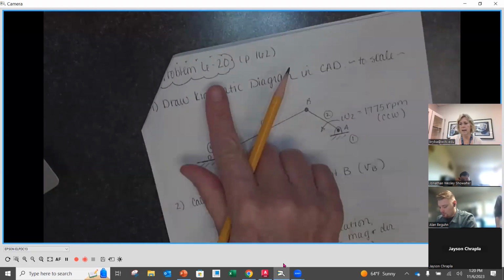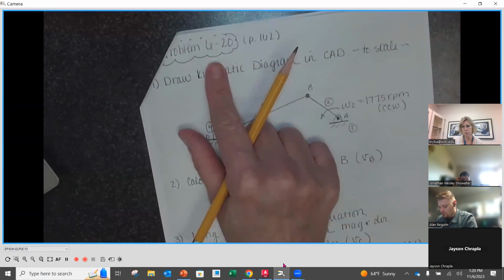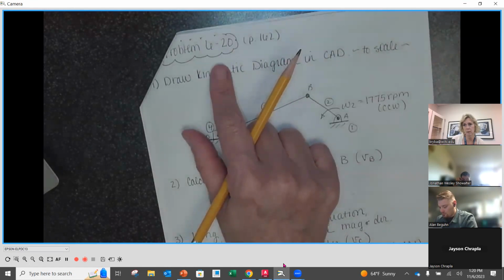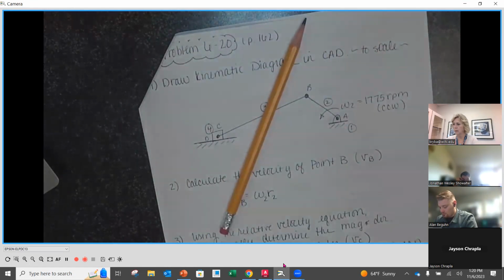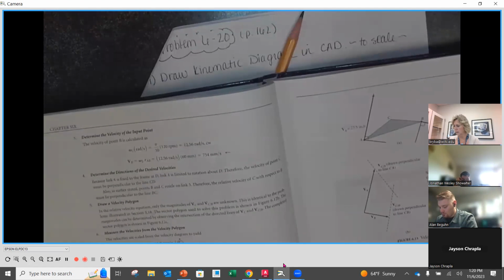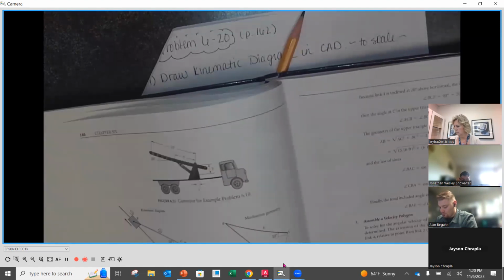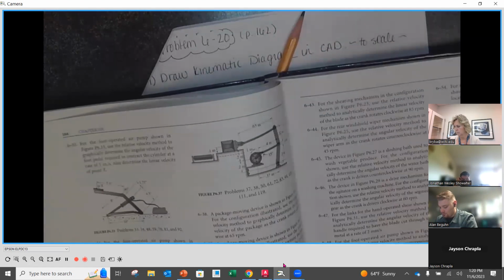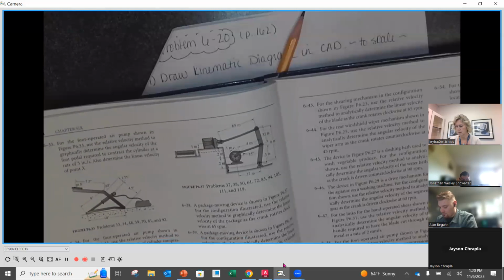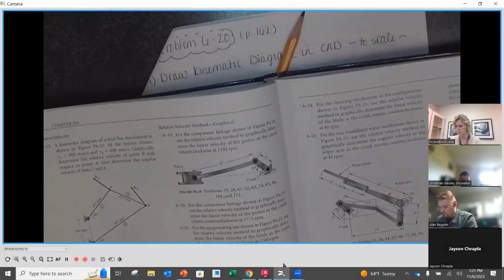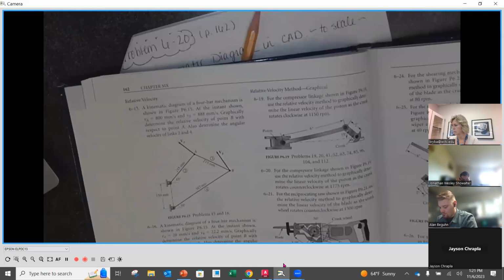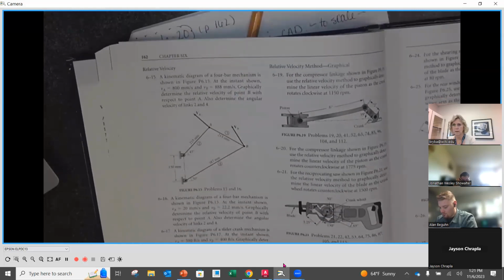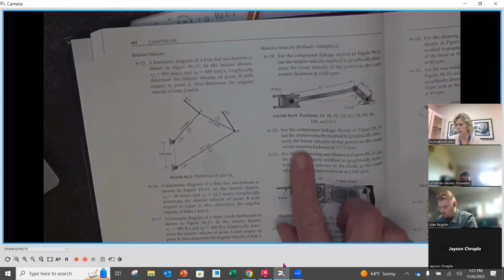So let's look at problem 620. Problem 620, all right, in your book, located on page 162. Okay, it's right here.